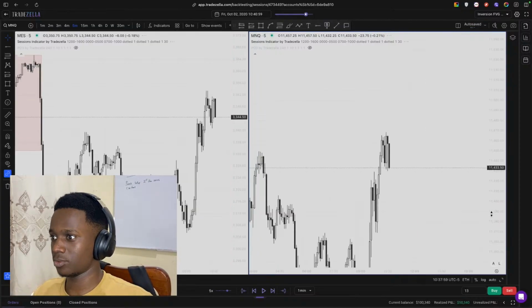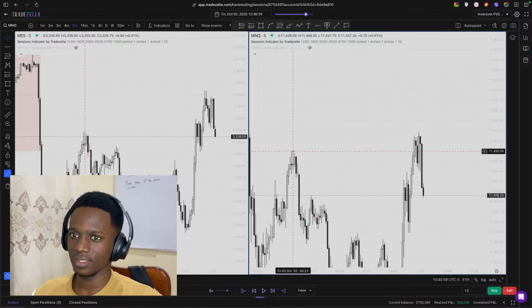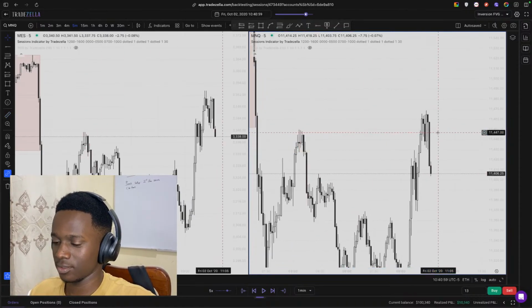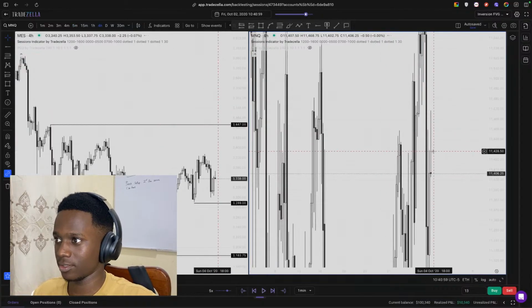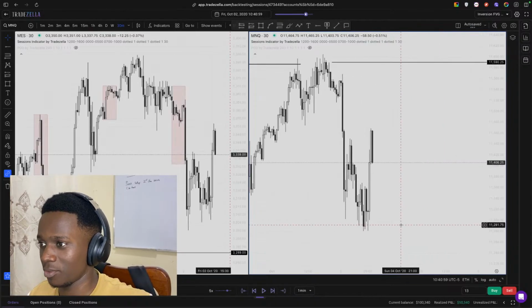Okay, so we should shortly get this 5 minute inversion here after this run. 4 hour rejection higher, then maybe if we have like a 1 hour or a 30 minute gap, that would be great to target.